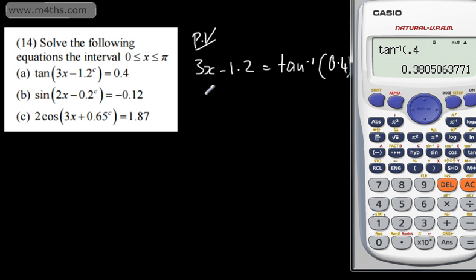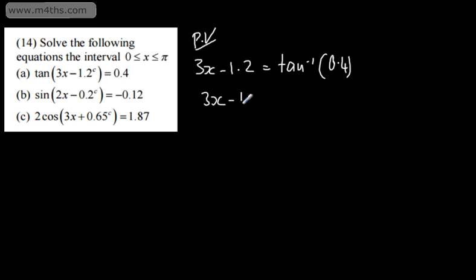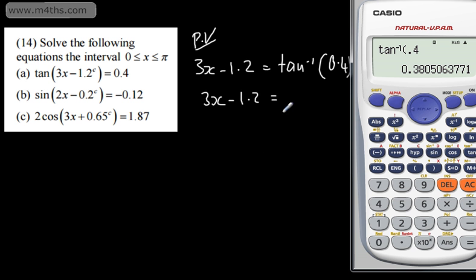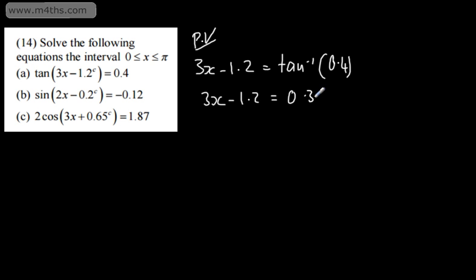Okay, so what we can say then is 3x minus 1.2 is going to be equal to the value on my calculator, which is 0.385, plus or minus, this is the tan curve. The tan curve cycles every 180 degrees, or pi radians. So we can put plus pi n.